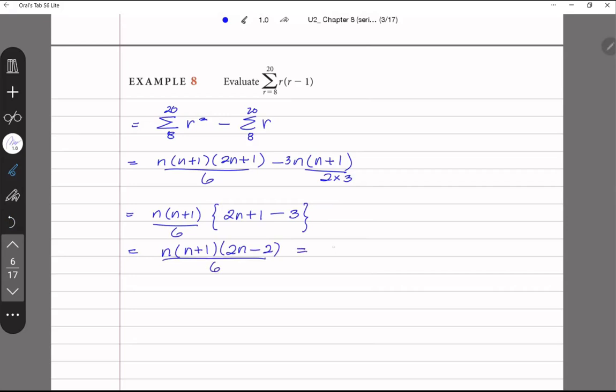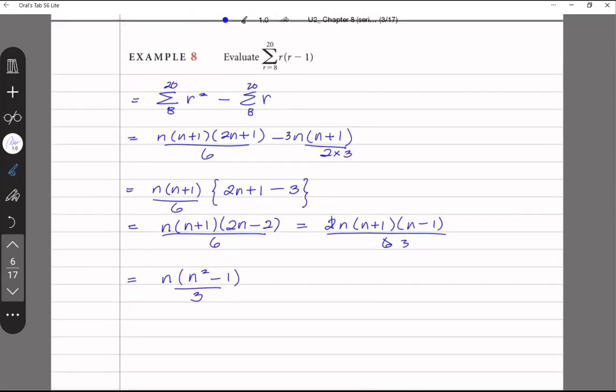And this can be written as 2 times n times n plus 1 times n minus 1, over 6. All I did was factor out there. This 2 cancels with the 6 to leave 3. So if I want, I could say n times n squared minus 1 all over 3, because n plus 1 times n minus 1 is n squared minus 1.